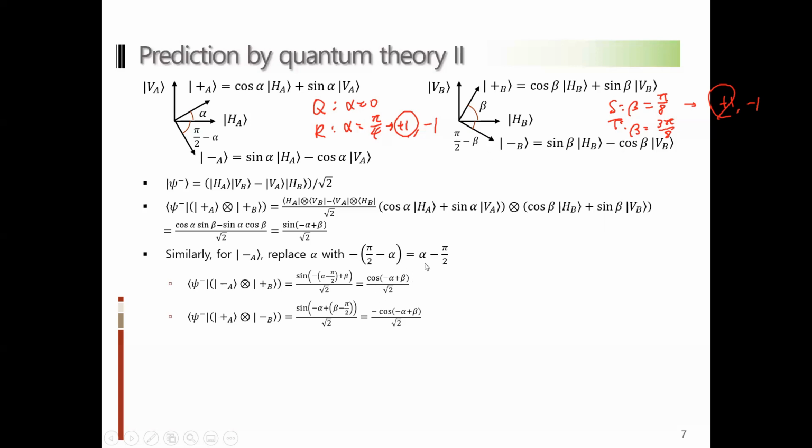That corresponds to beta minus pi over 2. So I just replace beta with beta minus pi over 2, and then we will obtain this kind of expression. Finally, for the -1 -1 case, we have to replace alpha with this one and beta with beta minus pi over 2, and we will obtain this expression.